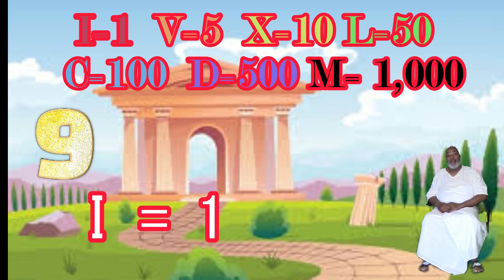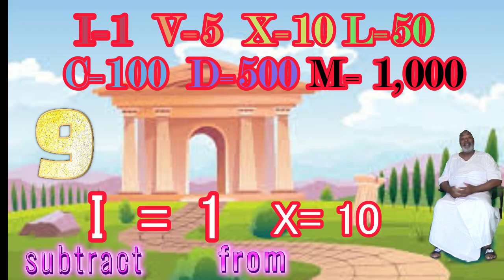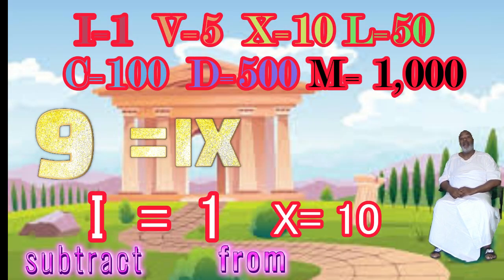Capital I. And what is the value of 10? Because that's what we're going to subtract 1 from. 1 from 10, which is 9. So what Roman numerals do we need? Capital I and a capital X. This represents the number 9.